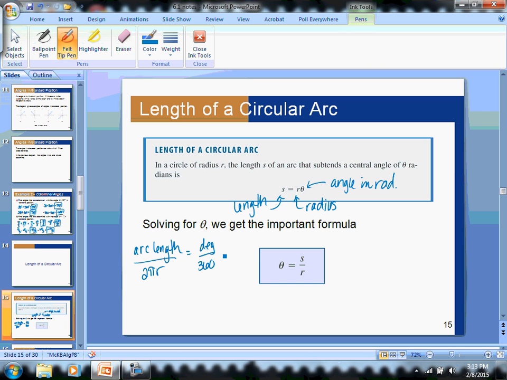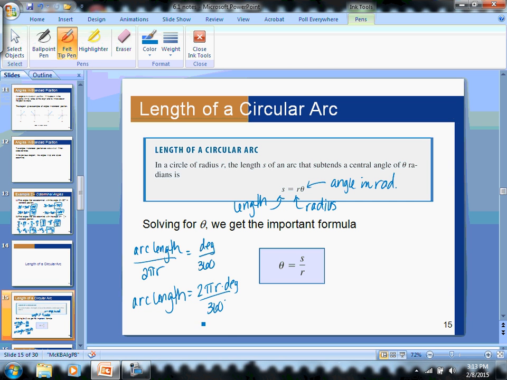In geometry, you're really focused on degrees more than you are radians. But still, if you're trying to solve this proportion for arc length, you would multiply by 2 pi r. So your arc length is going to be equal to 2 pi r times your degrees all over 360.